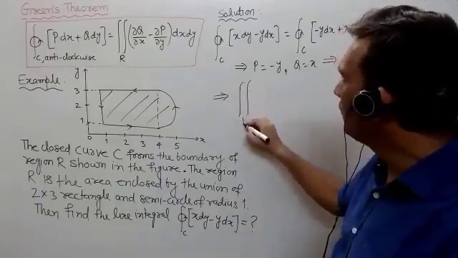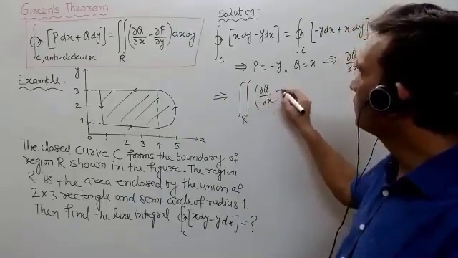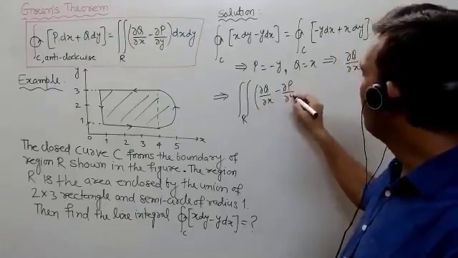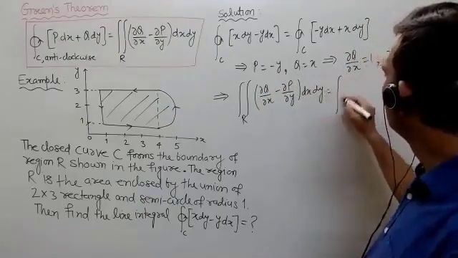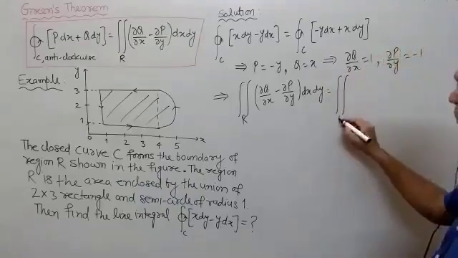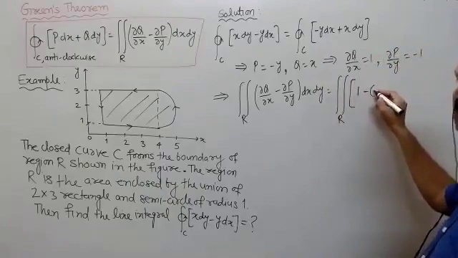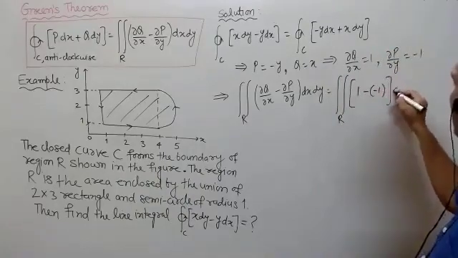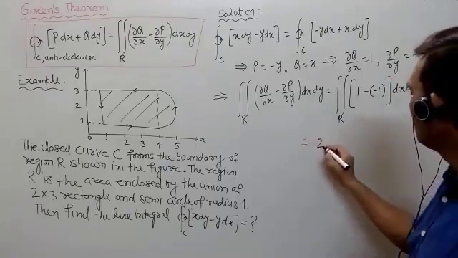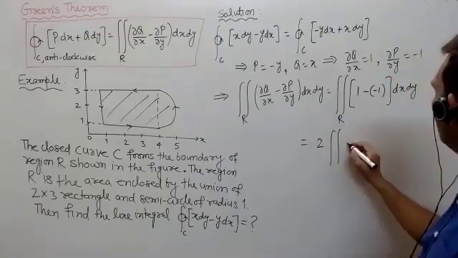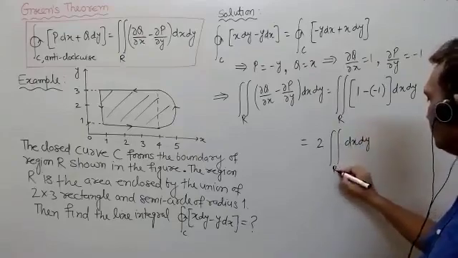So what will be this integral? Del q del x minus del p del y dx dy. So this will be 1 minus of minus 1 dx dy. So that is 2 times integral dx dy over this region.